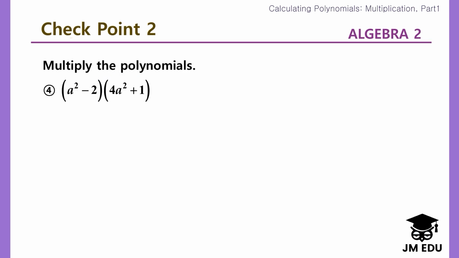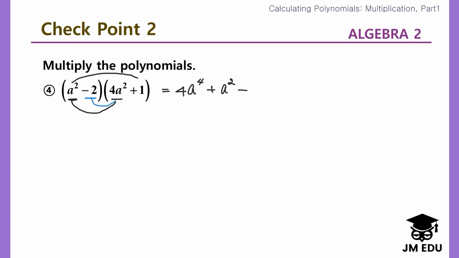Number 4. Okay, first, a squared times 4a squared. That's going to be 4 times a squared times a squared. That's a to the power of 4, right? Or outer, so a squared times 1. That's just a squared. Inner, negative 2 times 4a squared.